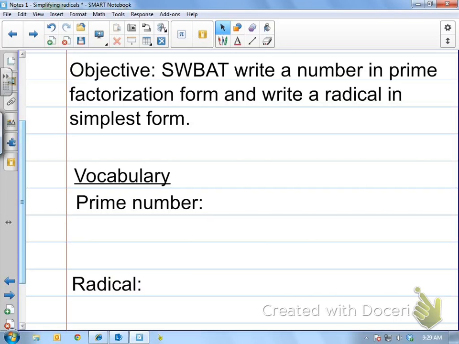Our second one is radical. And our third one will be integer. I'm not showing it yet again so that everybody gets a chance to finish writing down the objective.